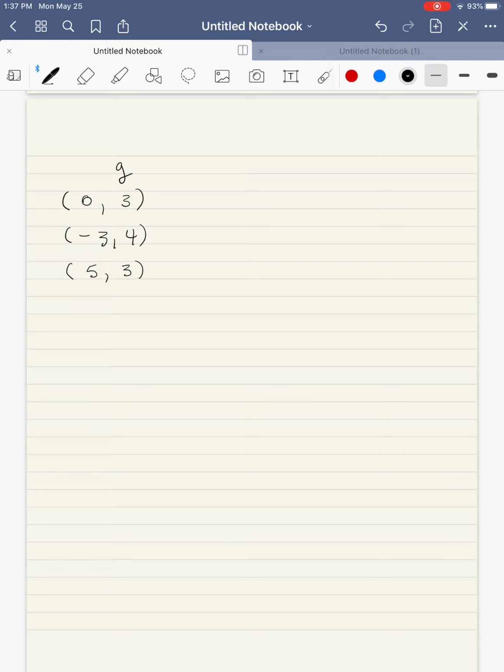So I want you to do the arrow notation. I want you to graph it. In other words, plot the points. I want you to write the domain and the range. And then I want you to determine if it is a function.